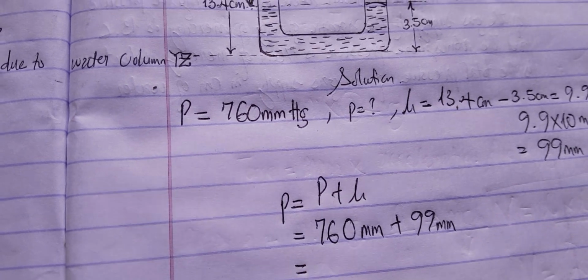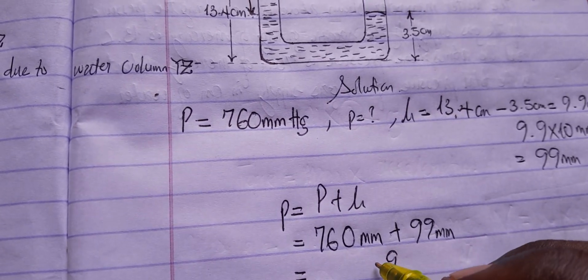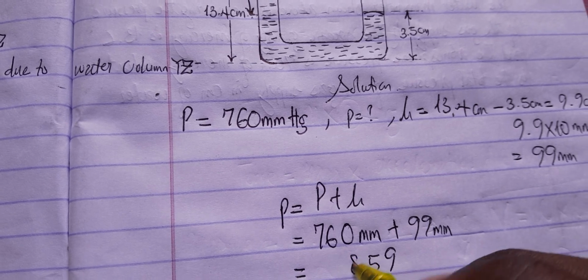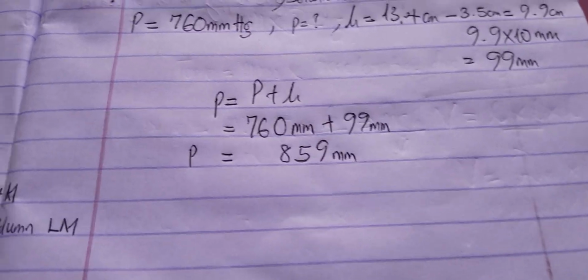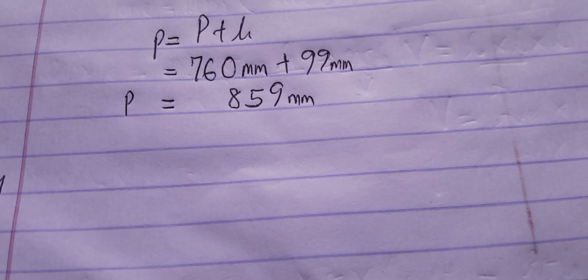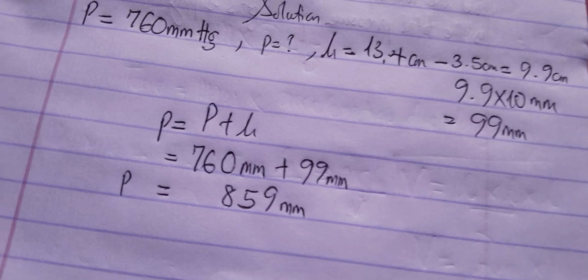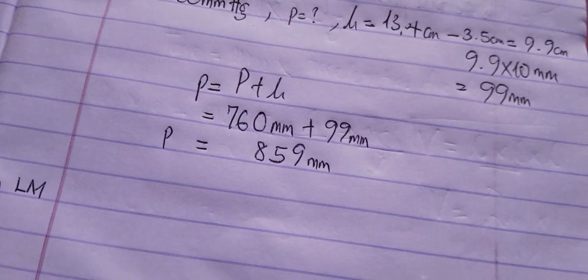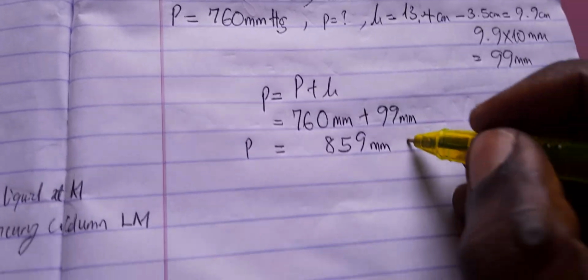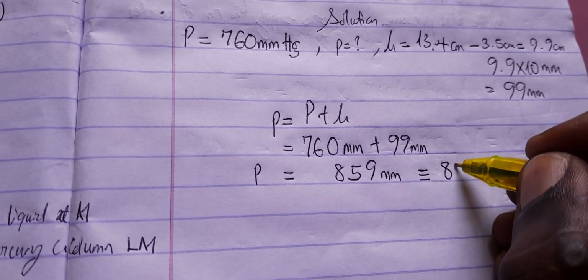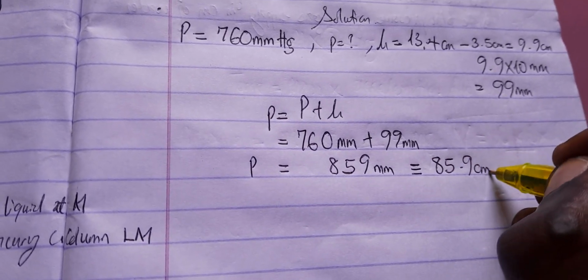So this will give me 859 millimeter of mercury. That's very, very simple. That's the answer. Now, if you are asked, or in your options, what you see is centimeter, you can actually convert. To convert millimeter to centimeter, we just divide by 10. So it is equivalent to 85.9 centimeter.